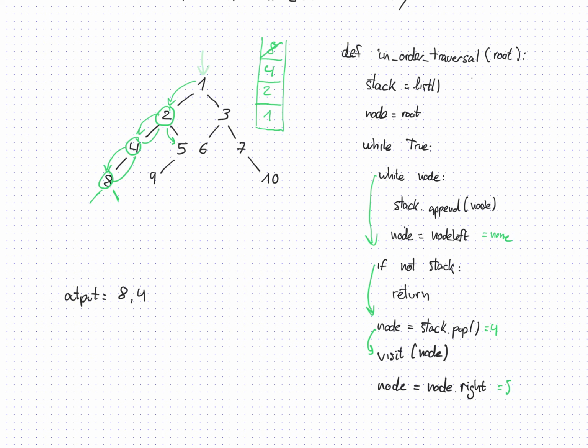I forgot again to remove the number 4 and the number 2. It looks like this. And now note that now we append the number 5 to the stack here, but we don't visit it yet. We actually go to 9, okay, because we do node equals node dot left.